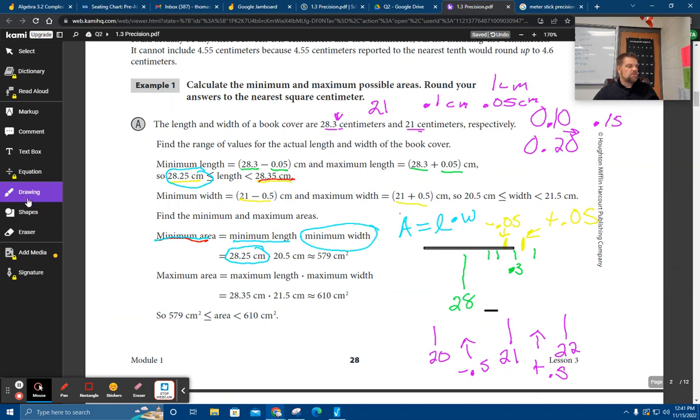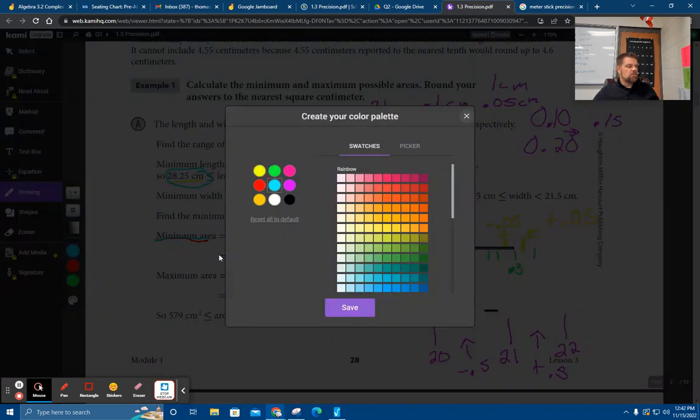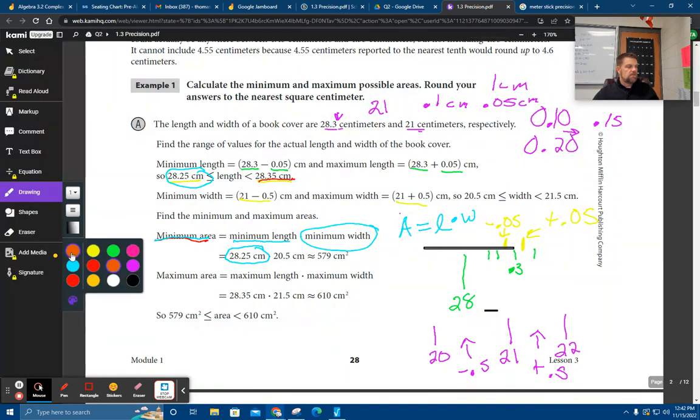Now, if I want to do the maximum, let's pick a different color. We'll do orange. To find the maximum area, it's still the same formula. The area of a rectangle is equal to the length times the width. I'm going to take the maximum length, this right here, and multiply it by the maximum width.